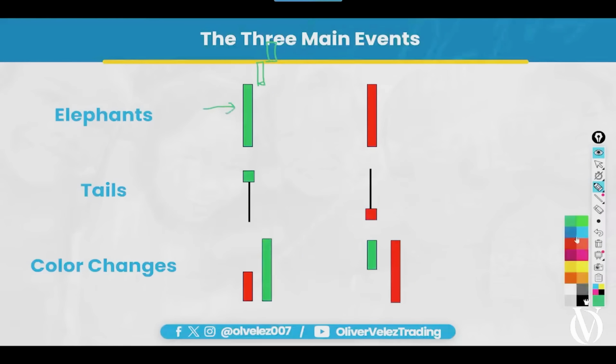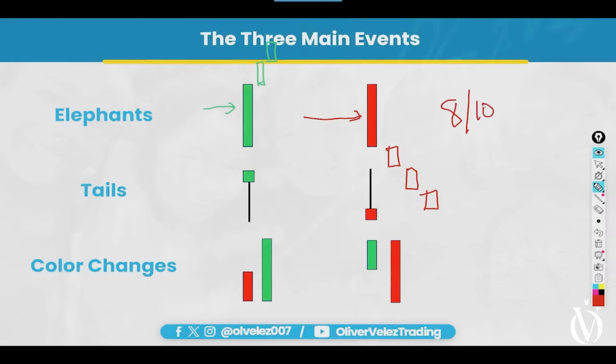There is an 80+% chance that after you identify a red elephant bar, you're going to get more red to the downside after that elephant bar. So if you become good at identifying elephants, you're going to win. Betting in the direction of the elephant, you're going to win 8 times out of every 10 trades.